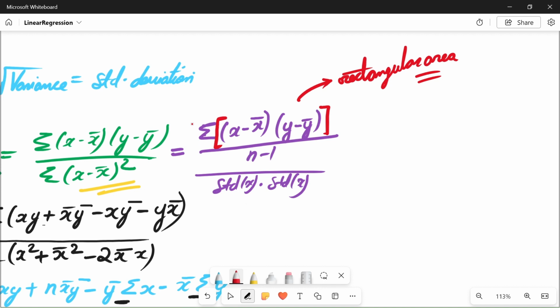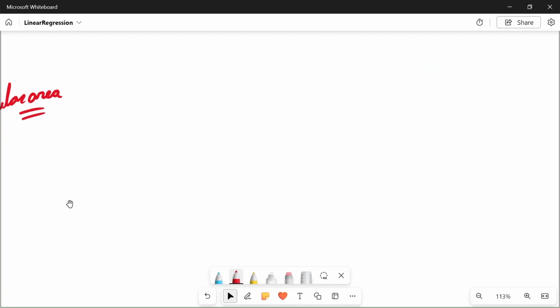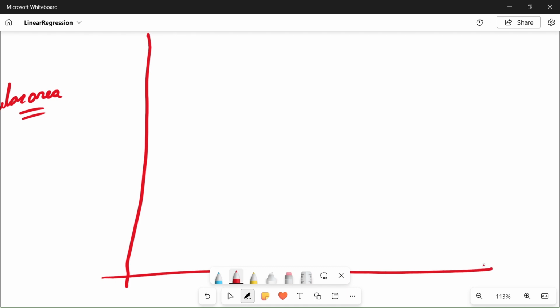Now what is the significance of the summation mark? It is asking us to sum up all the rectangular areas corresponding to every point in our data set, in our data plane, to be very precise. Let me make the data plane first, then we'll come back to it again.